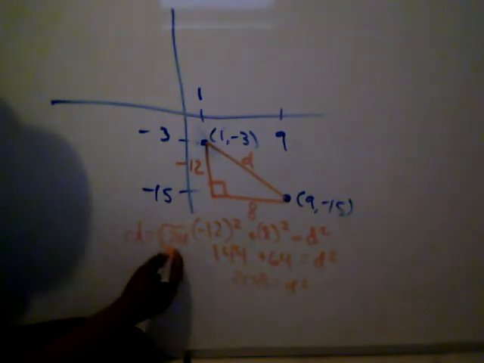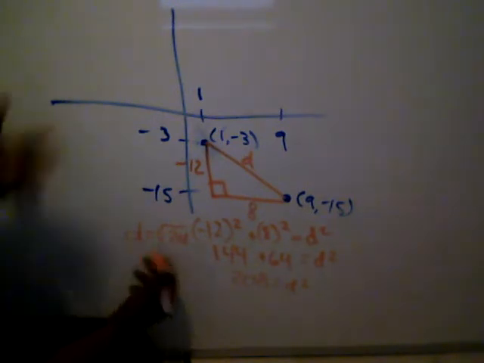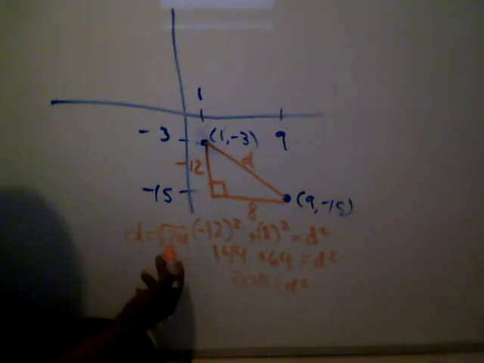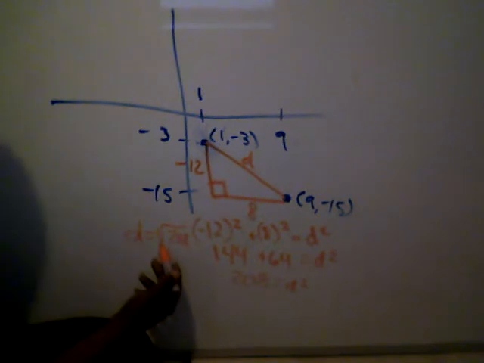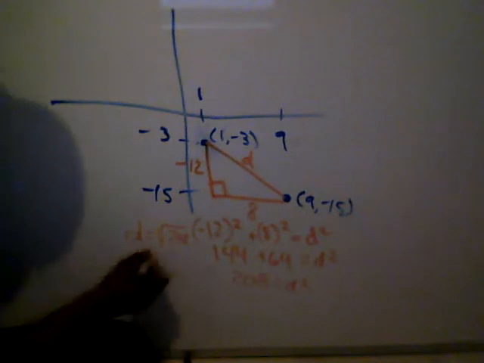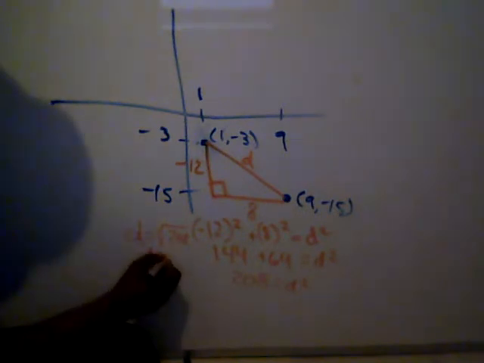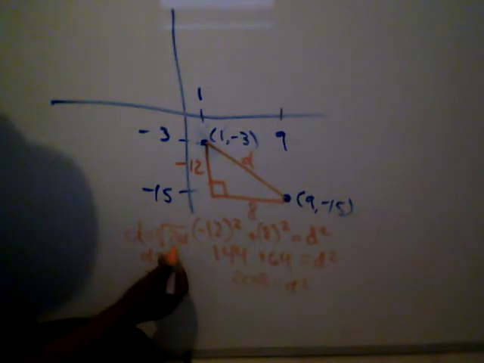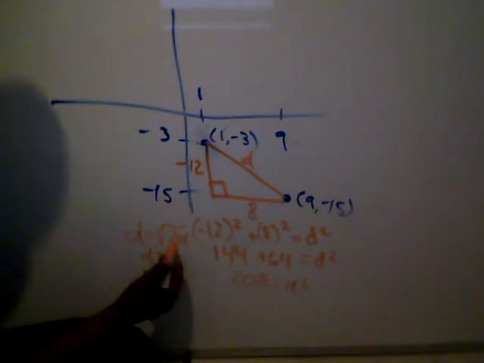So the radius would be half of this amount. If we do the square root of 208, I don't have a calculator with me, but just to approximate, that's between like 14 and 15. So let's call this about 14 for the diameter, and you could always find the exact value on your calculator.